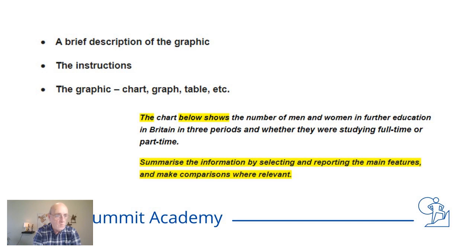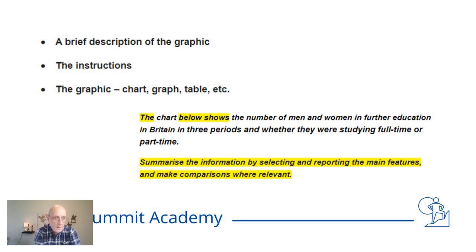So your task really is, in your essay, to do 3 things. And the first thing you want to do is take a good look at the instructions and what you're asked to do.